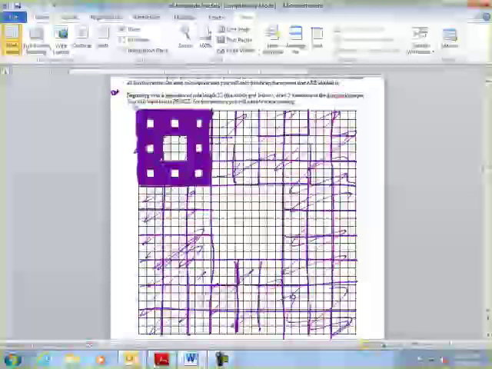So that's what that top one would look like after a 3rd iteration if I really shade it in.